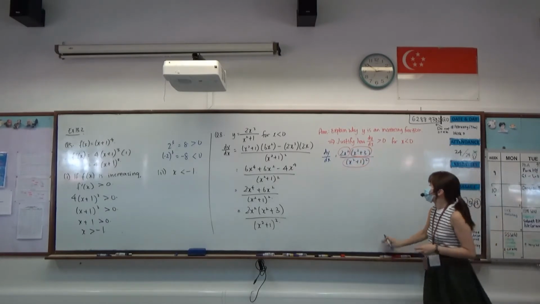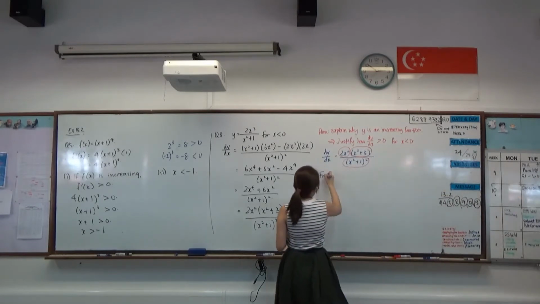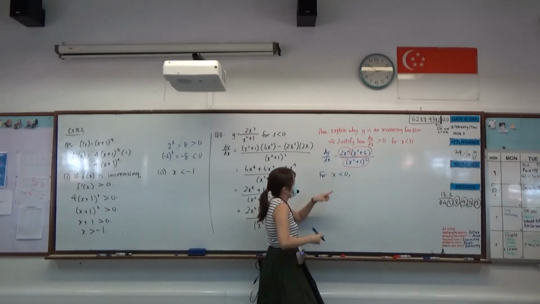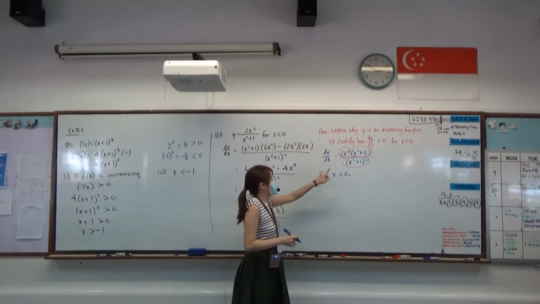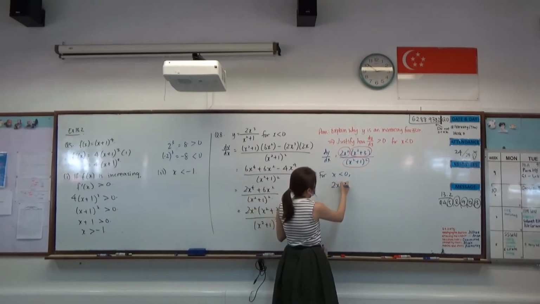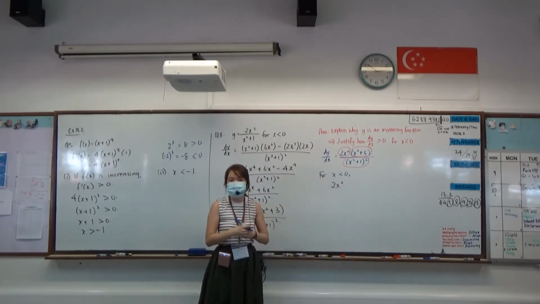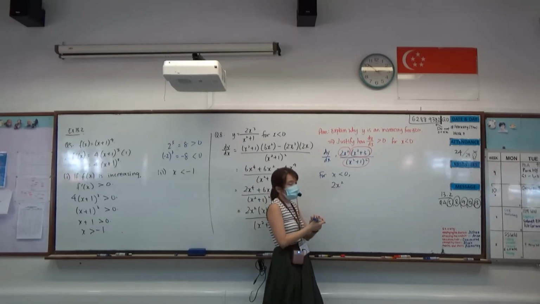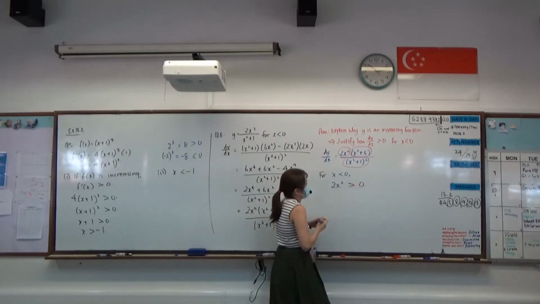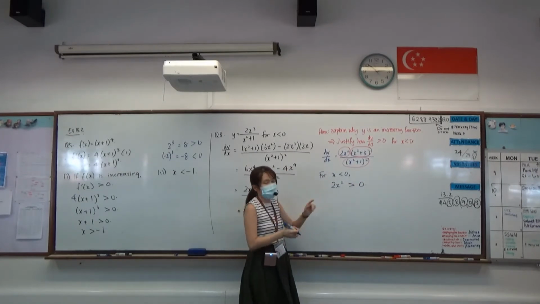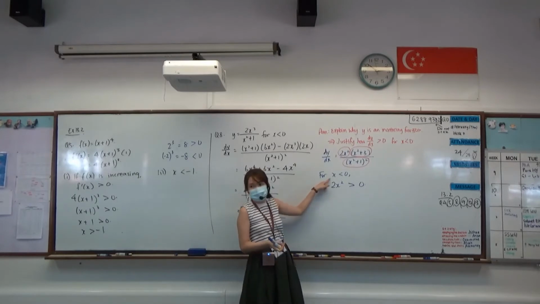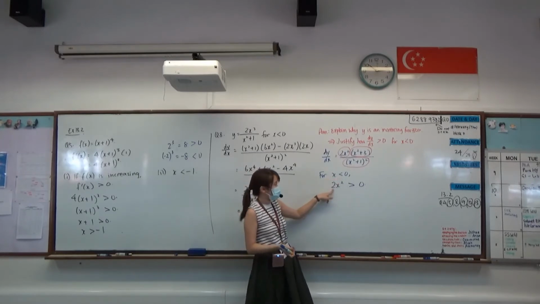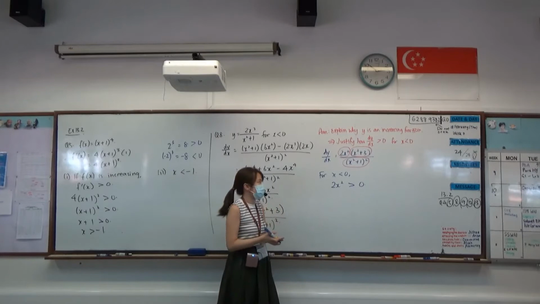So with the given interval for x less than 0, looking at the first part of this fraction, 2x squared, will it always be positive? What do you think? It should always be positive, right? Because x squared will always give us a positive number. In this case, it's not possible to be 0 because x cannot be equal to 0 in the first place.